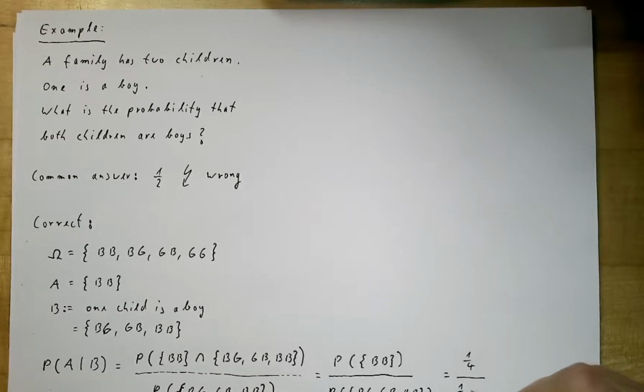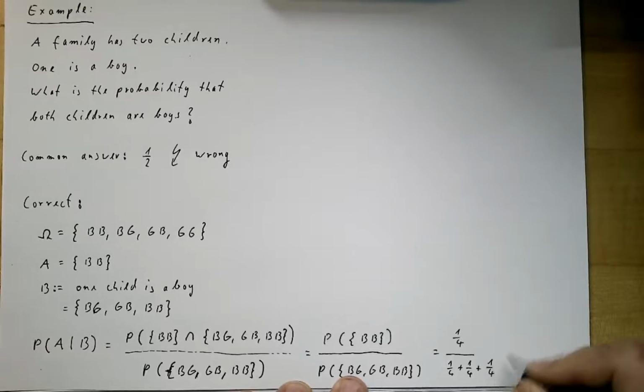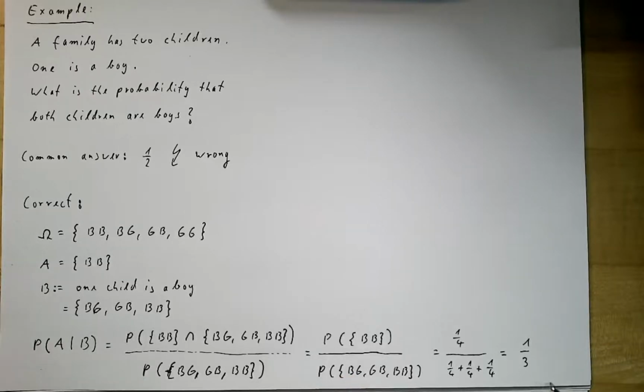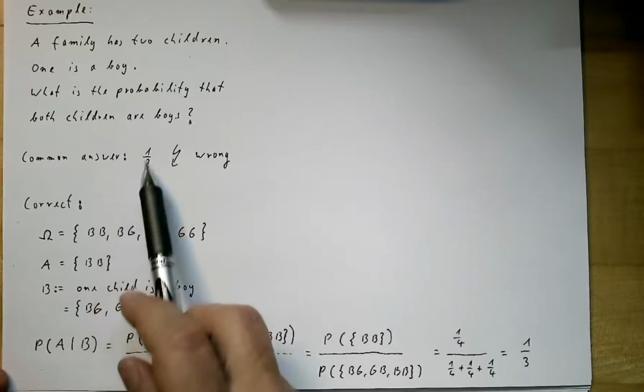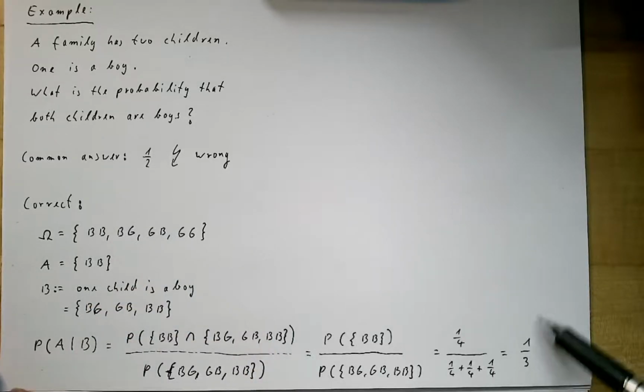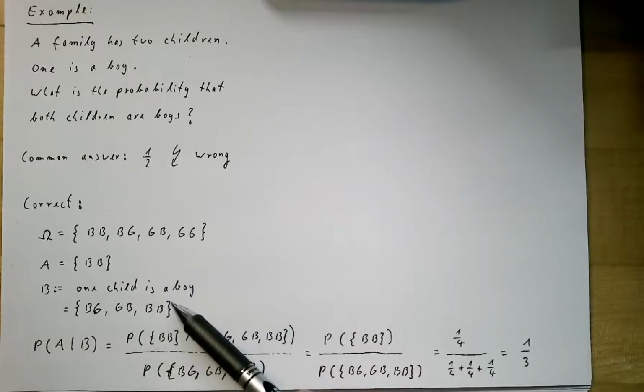Because we have independent events, it is 1/4 plus 1/4 plus 1/4, and you will see we end up in total with 1/3. So the intuitive answer of many people, 1/2, would be wrong, and the correct answer is 1/3. In order to build up your intuition with conditional probabilities, what you really have to do is construct these sets. Okay, maybe we stop here and continue in the next video.